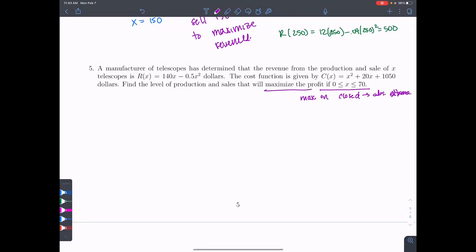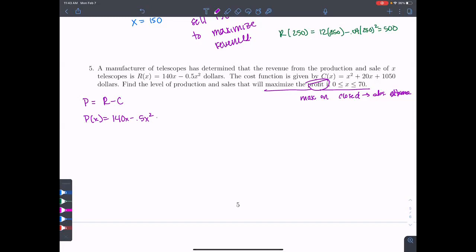Okay, so we want to find the derivative, but we need to find the profit function first. Maximizing profit. So we need to find P. Remember, P, the profit, is the revenue minus cost. So in this case, P of x is going to be 140x minus 0.5x squared, minus the cost.